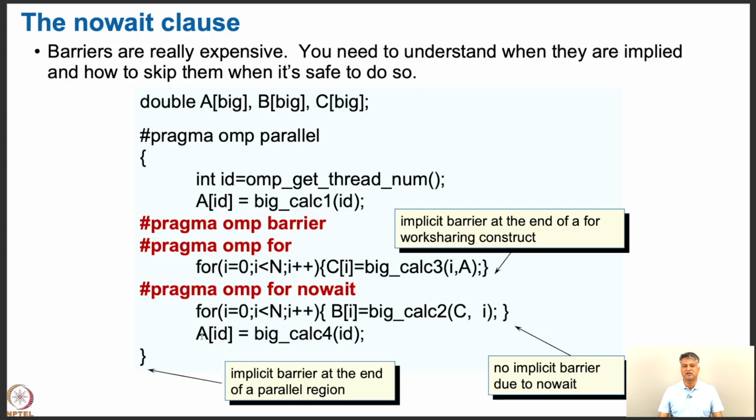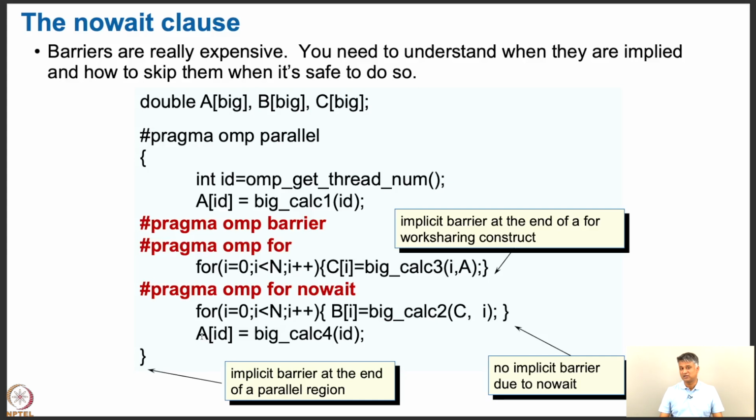So essentially what we are saying is that the function big calculation 4 does not have any dependency on big calculation 2, whether other threads have finished it or not.